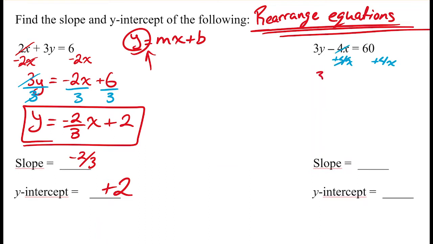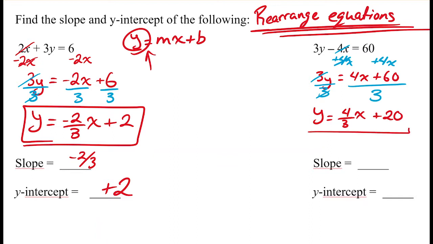I'm left with 3y equals 4x plus 60. And then I want to divide by 3. So I'm going to get y equals, well, 4/3 x, and 60 divided by 3 is 20.